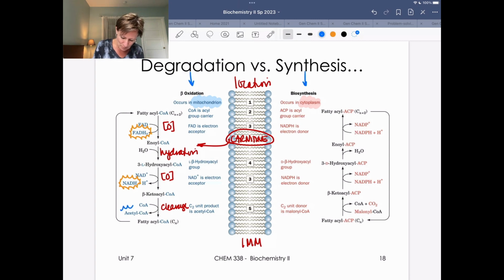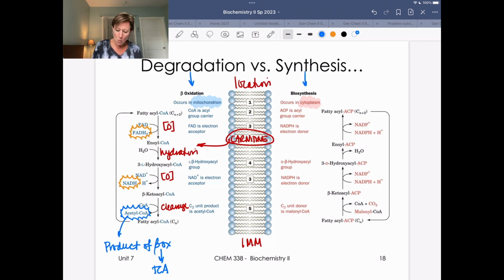But at the end of the day, the big picture is that we are generating acetyl-CoA. Again, this is the product of beta oxidation, and this is what goes on to the citric acid cycle, right?